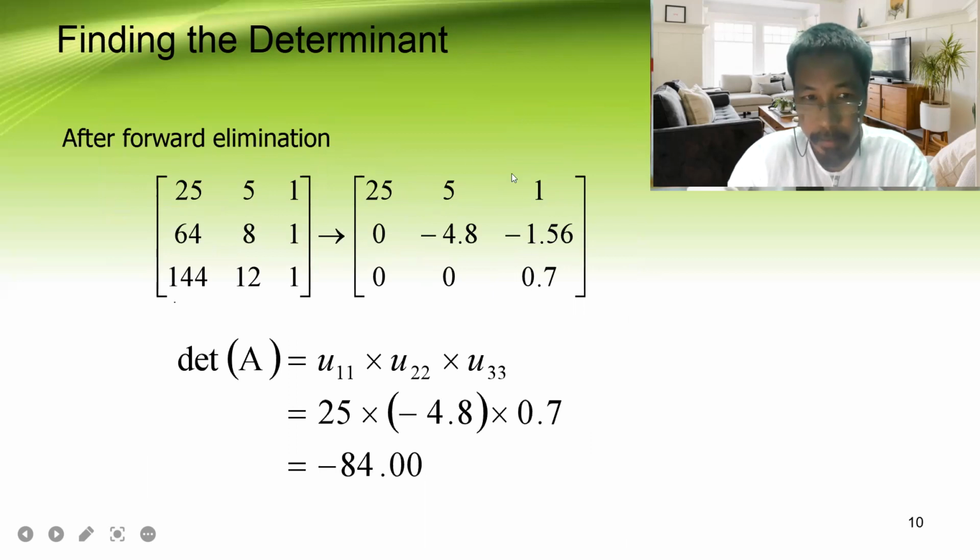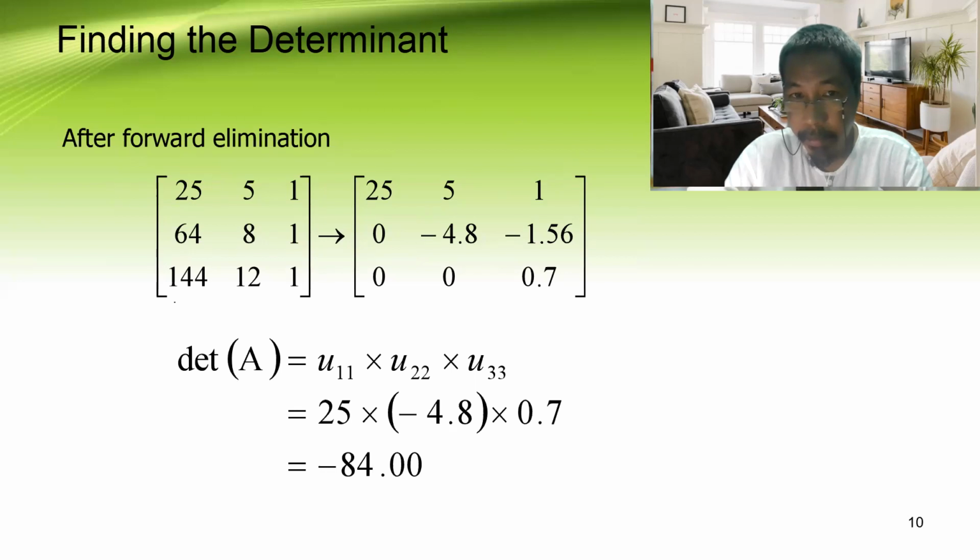And therefore, if we want to solve the determinant of this, we just have to multiply this 25, which is A11, times negative 4.8, which is A22, and multiply by 0.7, which is A33 or ANN. We cannot find any other values because multiplying the others will become 0.